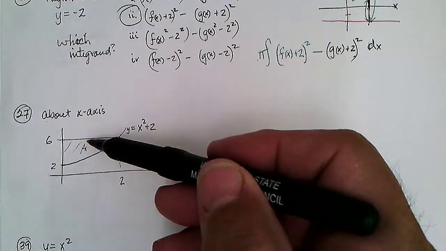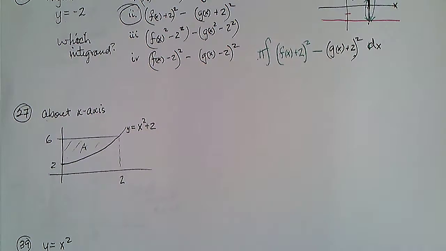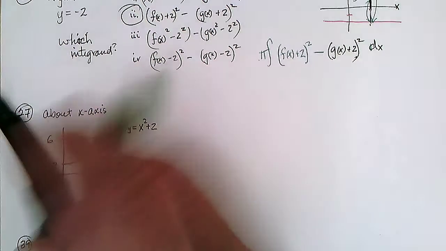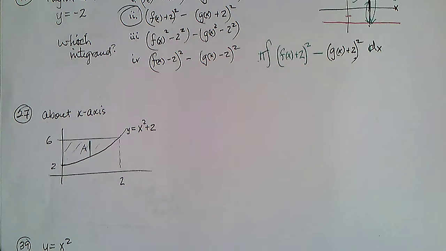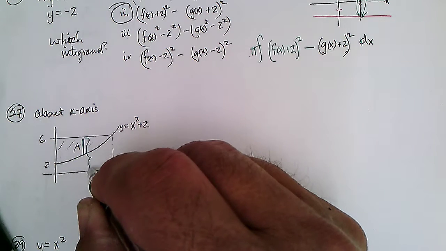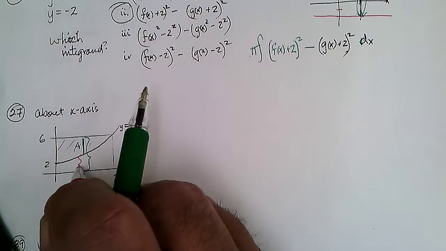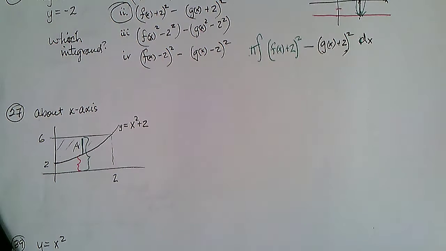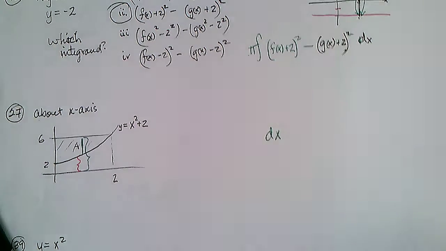We're going to flip this around the x-axis. So here's the axis. So if we got to do a slice perpendicular to it, a slice would be like this. And so there'd be a large radius and a small radius. The thickness is dx.